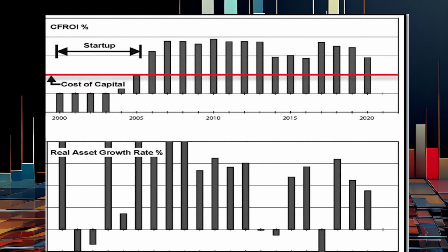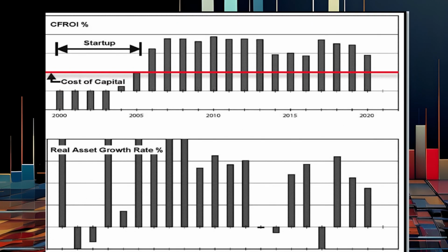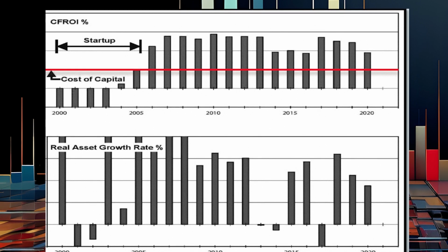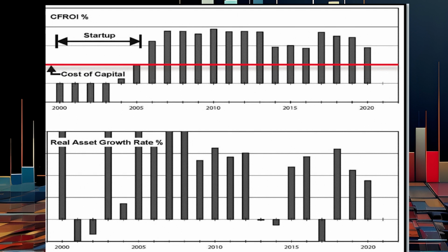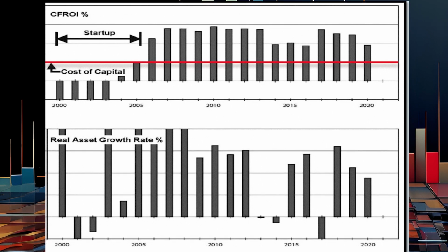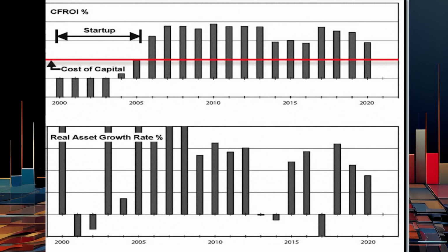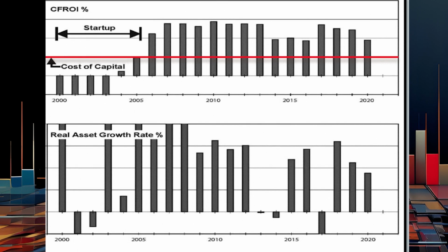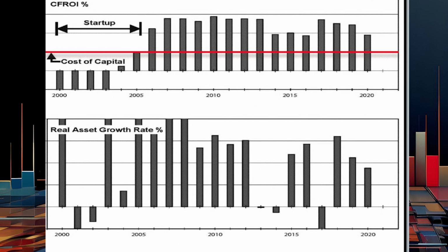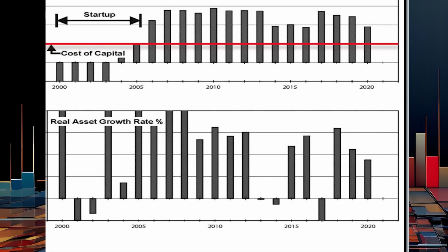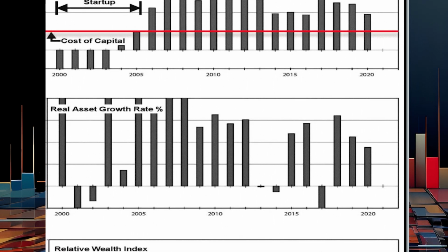The top panel indicates that the early 2000s marked the startup high innovation stage for Intuitive Surgical. The subsequent high CFROIs avoided the customary fade towards the cost of capital due to the firm's knowledge-building proficiency. This was accompanied by high real asset growth rates.